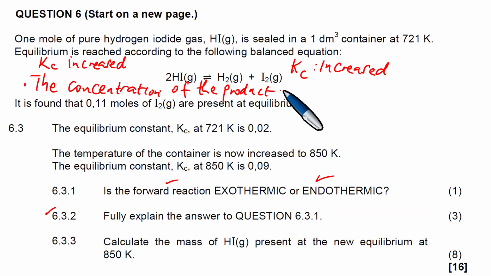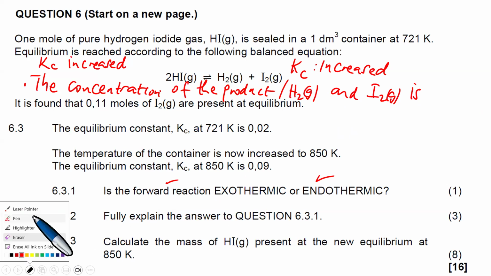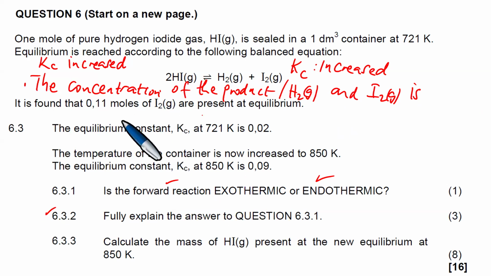The concentration of the product, be it hydrogen gas and iodine gas, is increased. Okay, we're going to analyze what that means in a little bit. So the concentration of the product, be it hydrogen and iodine, is increased.